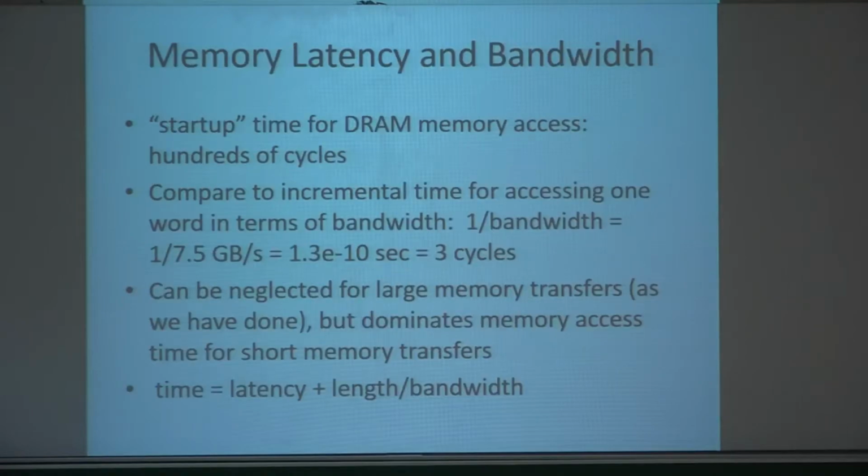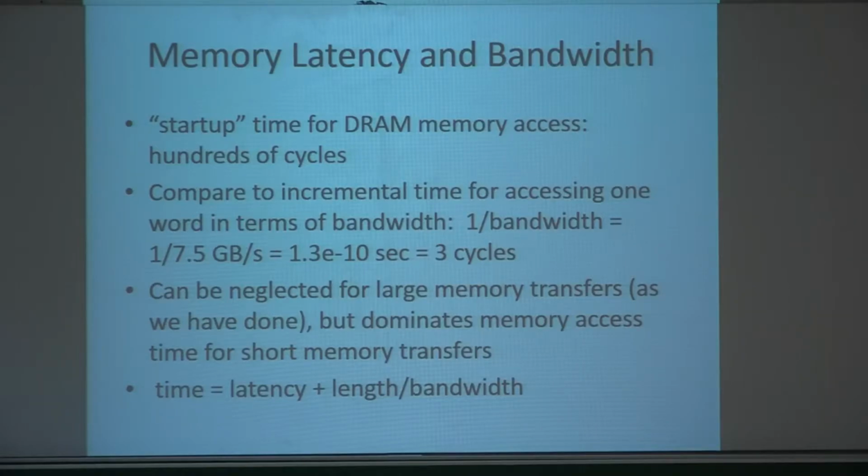The other thing, memory latency, how does that contrast with bandwidth? Well, latency is the time for starting up a memory access. So if you want to start reading some data from a certain location, it's going to take hundreds of computer cycles.